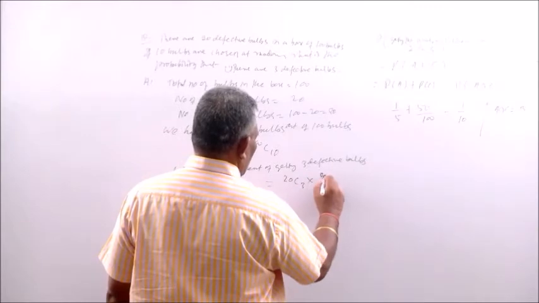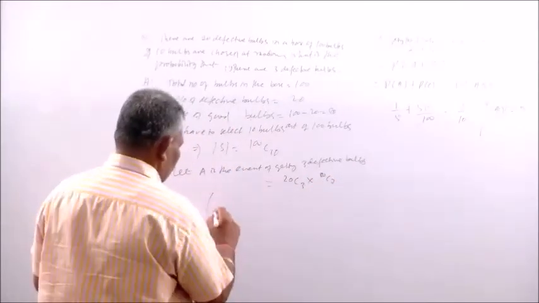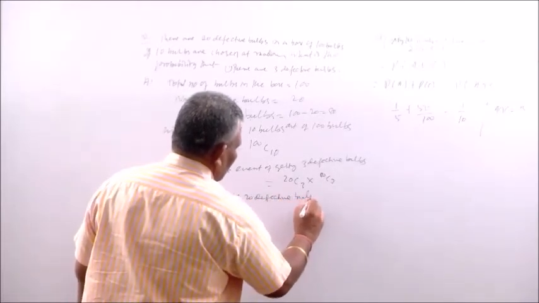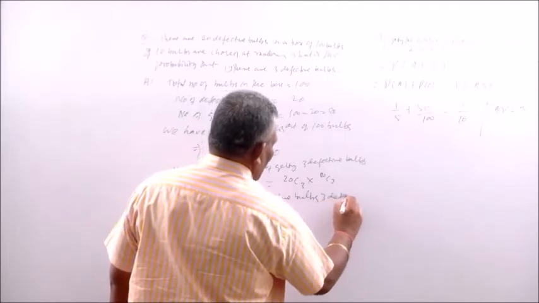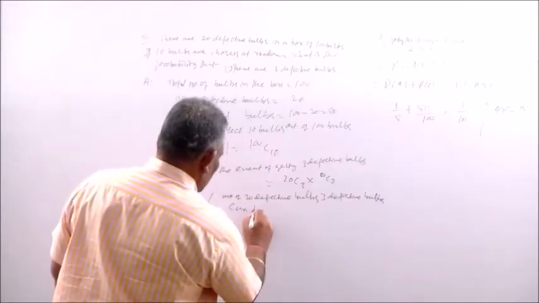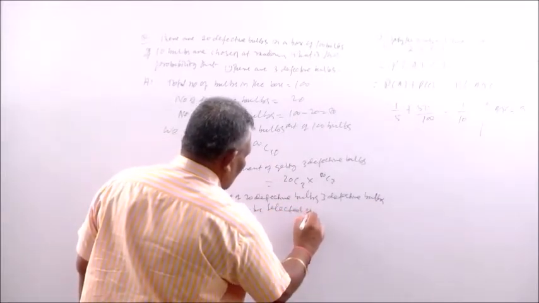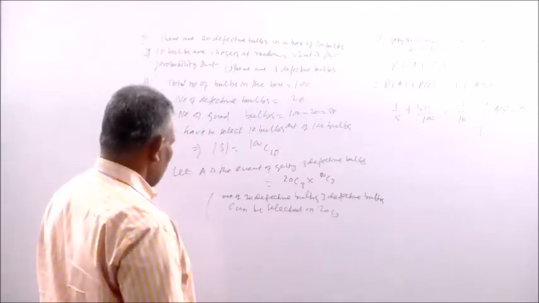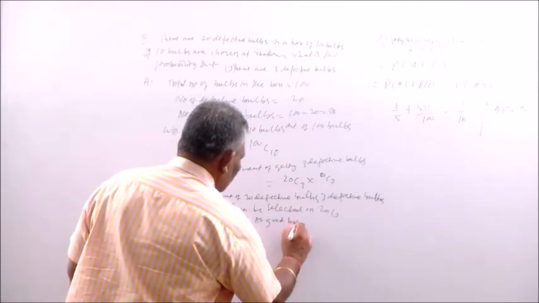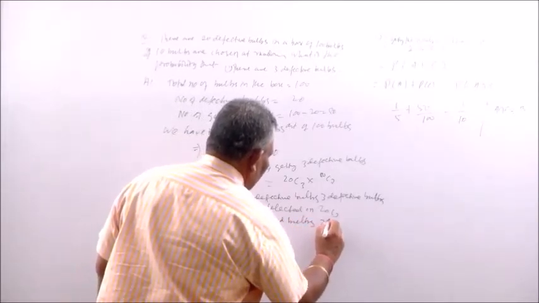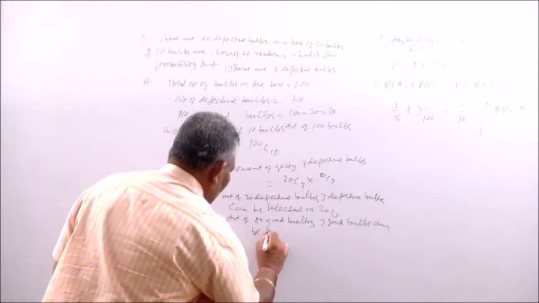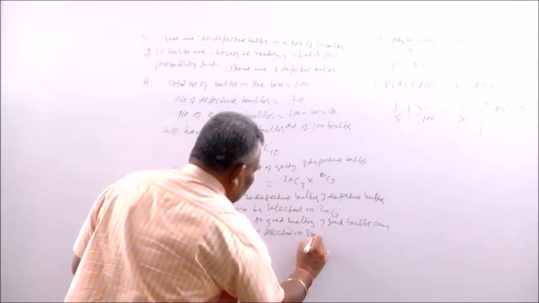That is 20C3 into 80C7, because out of 20 defective balls, 3 defective balls can be selected in 20C3 ways. Similarly, out of 80 good balls, 7 good balls can be selected in 80C7 ways.